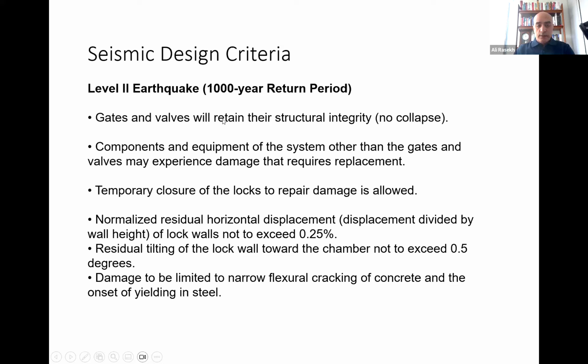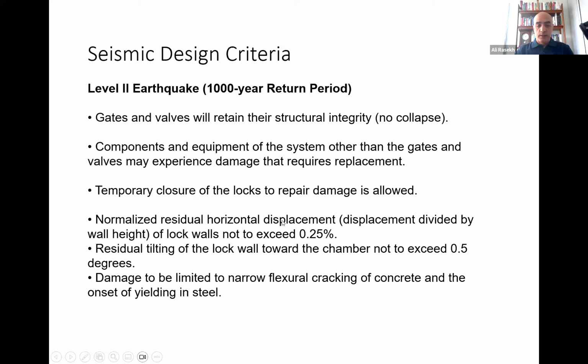For the higher criteria and higher earthquakes that happen less often, but they are stronger, as I previously showed, basically we don't want anything to collapse. There might be some damage, and it depends on the project. For this particular project, it was assumed that they can do some repair, but they don't want any major safety issues.